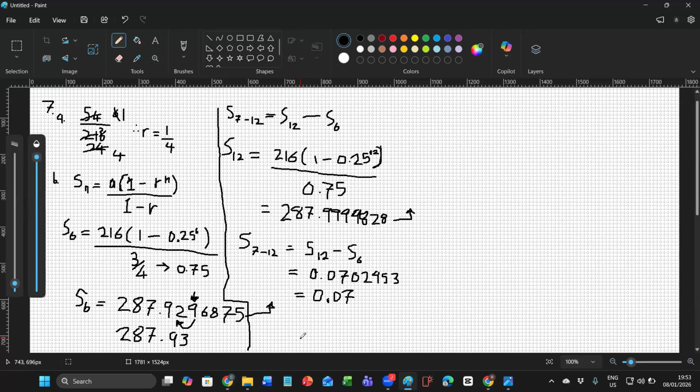Do you want to go with the rounding up? I feel maybe the way the book rounded it up is because they might be using a different calculator. So let's round up this one then.